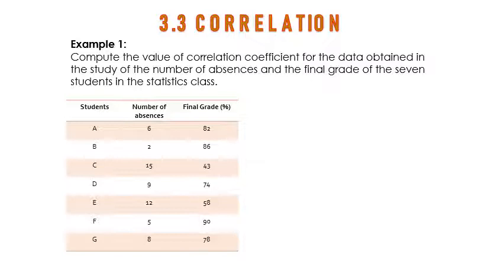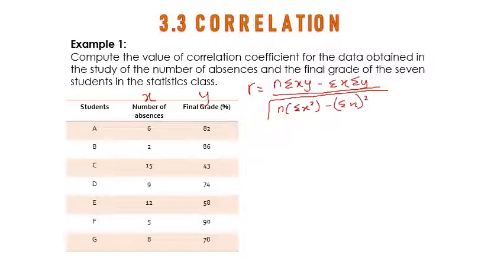We have the data here, and we assign number of absences as X and final grade as Y. Okay, we remember the formula for r equals n summation of XY minus summation of X, summation of Y, over square root of n summation of X square minus summation of X square, times n summation of Y square minus summation of Y square.